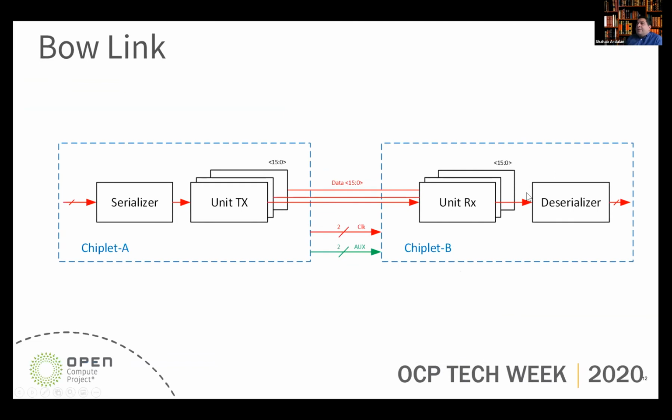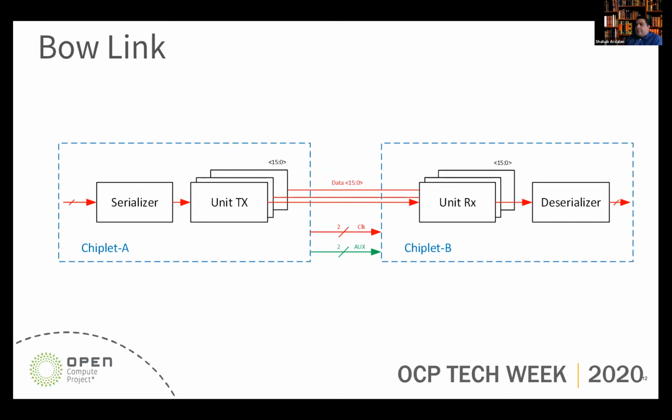We also wanted to see what the minimum unit of that specific PHY is. For example, I picked the example of BoW because it's part of the OCP. In BoW, the minimum unit that we can have is 16 lanes of data with 2 clocks and 2 auxiliary lines. This is what we define as a unit, and we report some numbers and performance based on a unit.